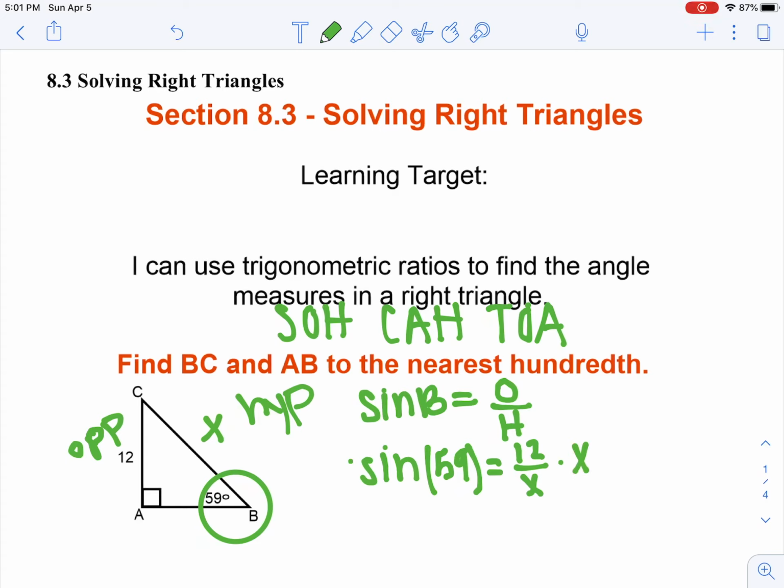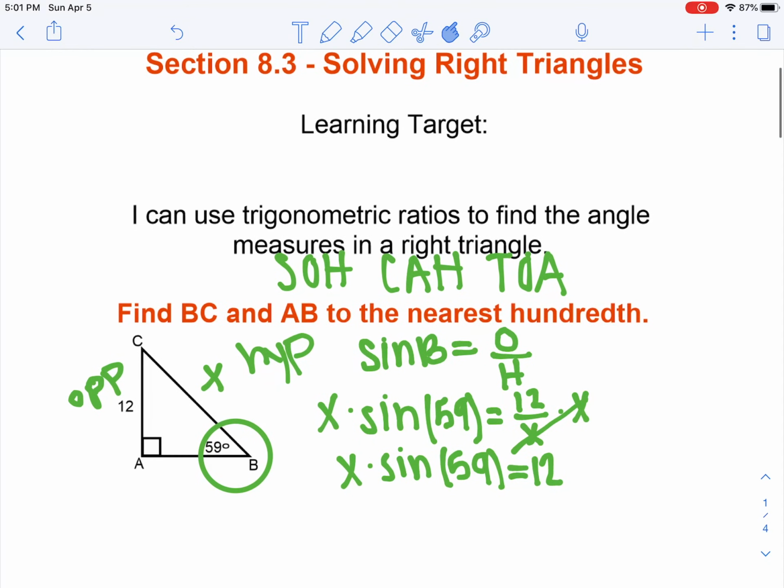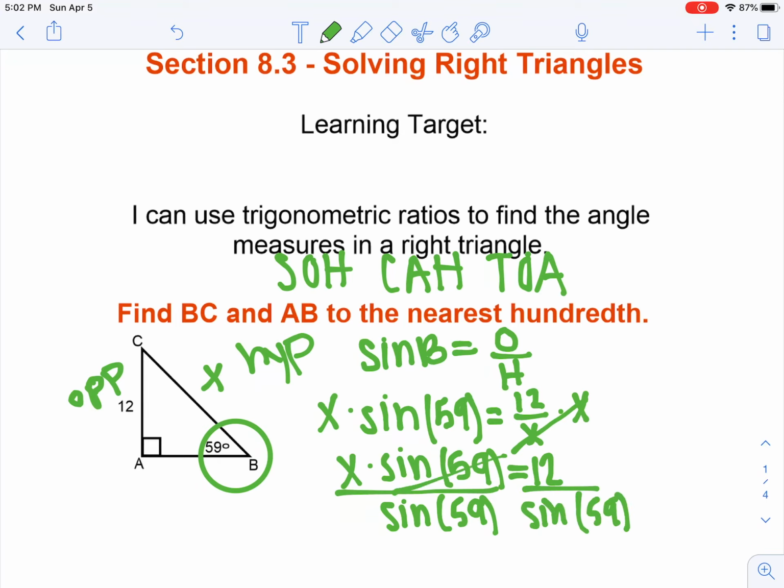So now to solve for X, we would want to multiply by X on both sides. That removes X from the denominator because those cancel out. So now we have X times the sine of 59 equals 12. If we want to get X by itself, we now need to divide both sides by the sine of 59. So go ahead and get a calculator out if you do not have one already.